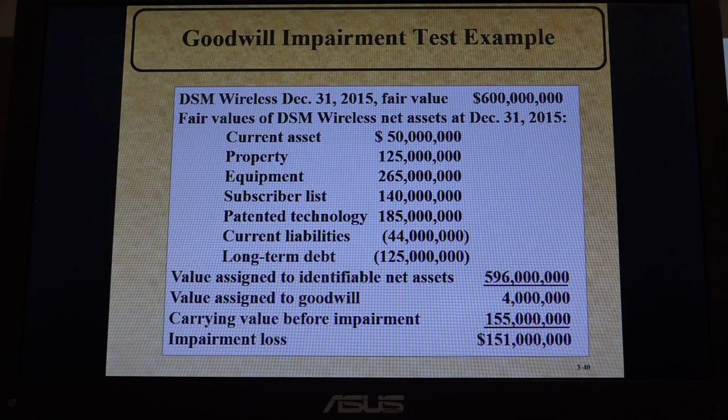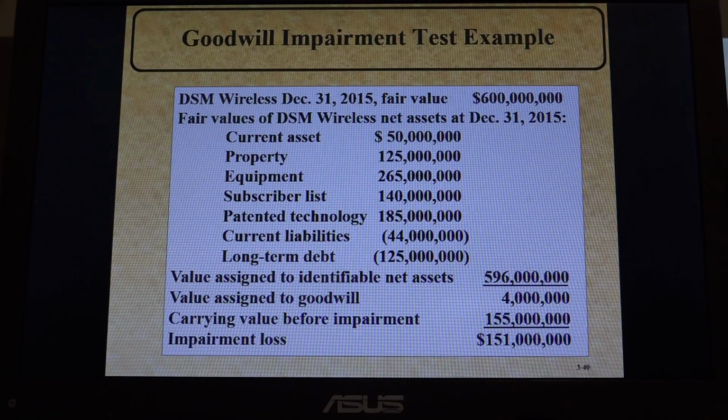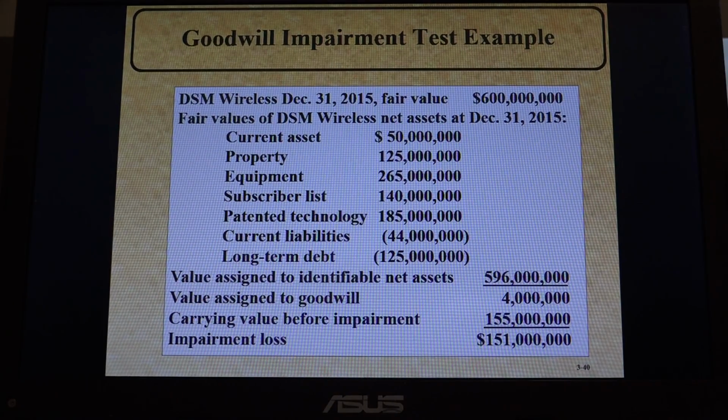The identifiable net assets. And that number would be $550 million. Obviously, the value assigned to goodwill would be a negative number.